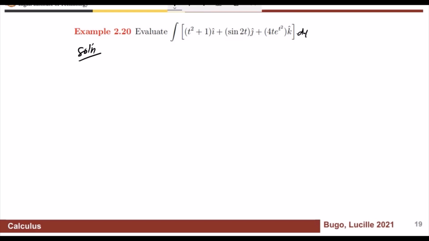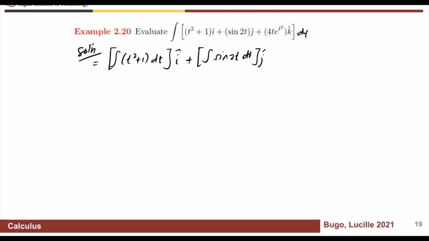By the way, this should have a dt at the end, and this is equal to the integral of t squared plus 1 dt i hat plus the integral of sine 2t dt j hat plus the integral of 4t e to the t squared dt k hat.